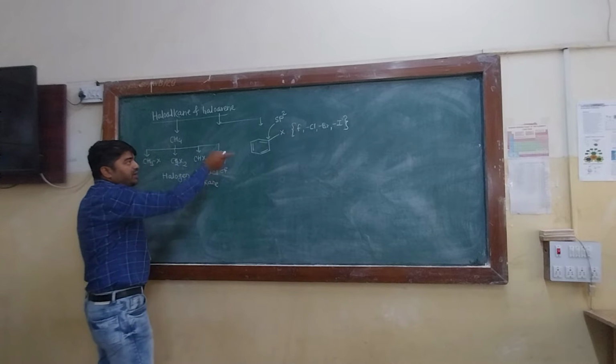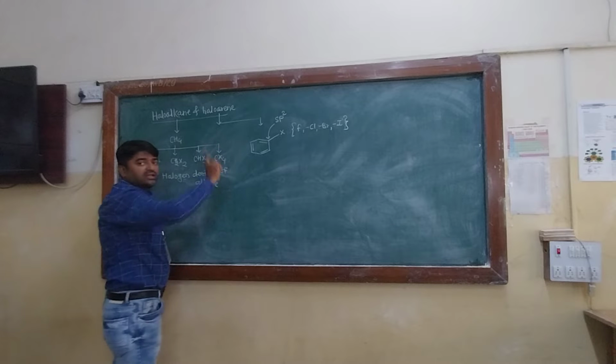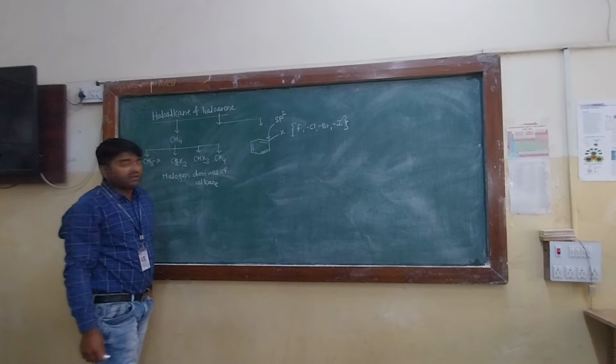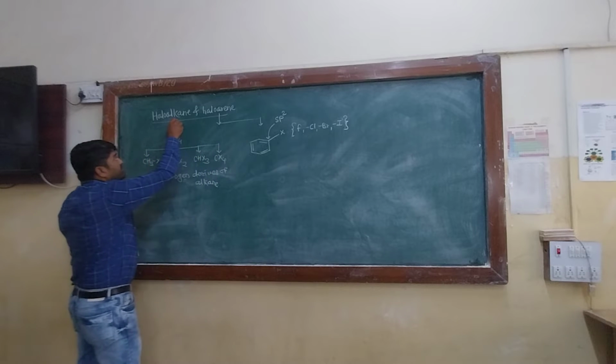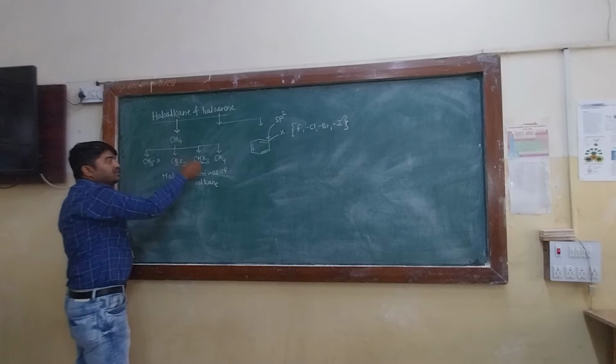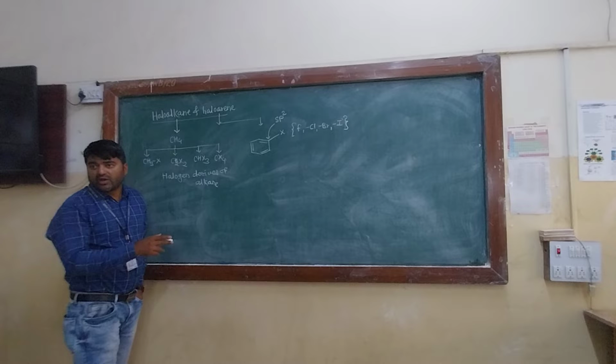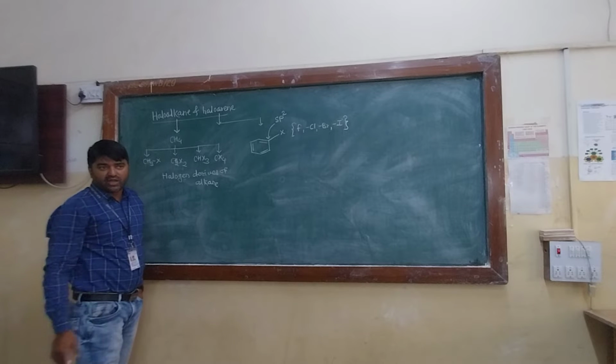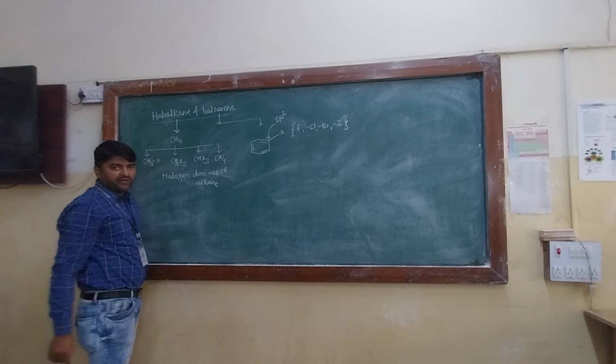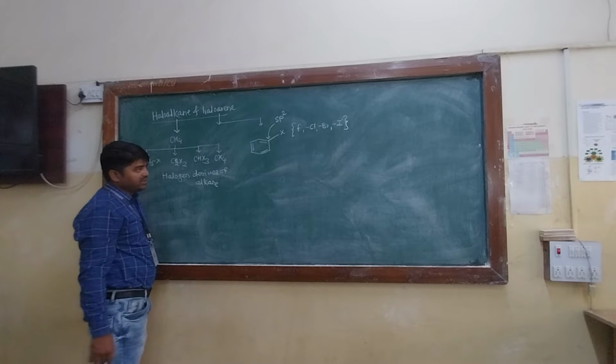So in haloarene, the halogen is directly attached to an sp2 hybrid carbon atom, while in haloalkane the X atom is attached to a non-aromatic, aliphatic carbon atom of the open chain compound.